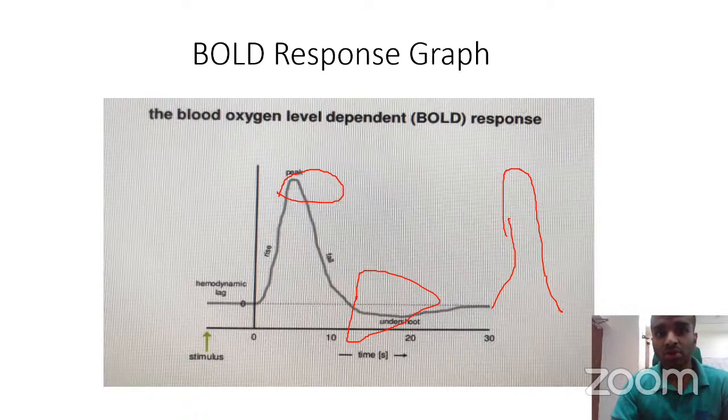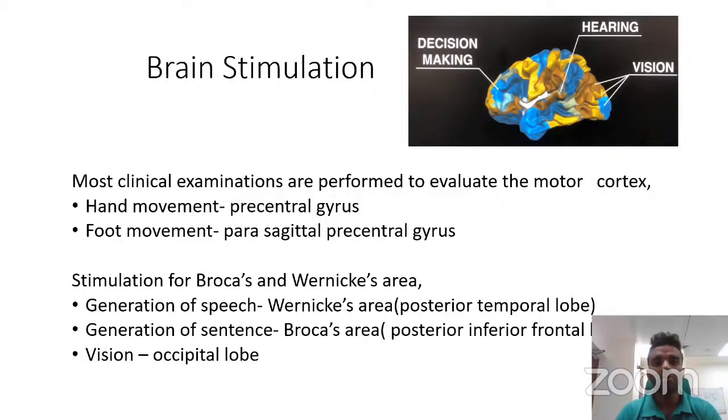So that's all about the importance or significance of blood oxygen level dependent imaging, and how the blood oxygen level dependent response graph occurs. Then comes brain stimulation. We know that the brain has different functions, and it controls different activities; it's the main center, we could say.